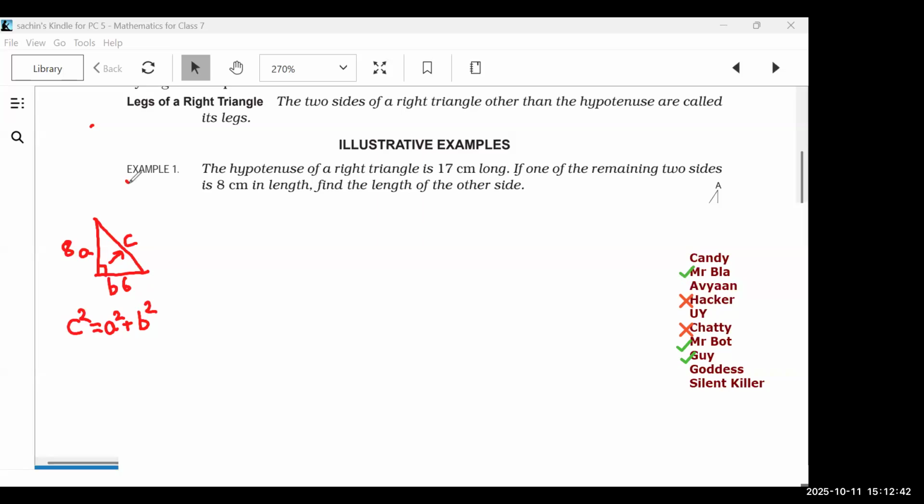Now you can start doing example 1. And please add Shinchan's name also.